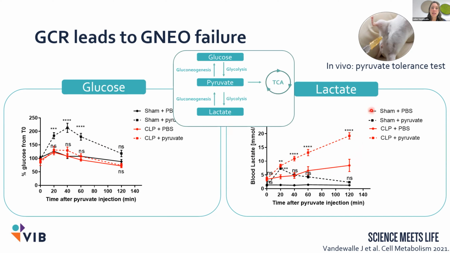Very easily said, we can see that pyruvate can lead to glucose production via the gluconeogenesis pathway, but the gluconeogenesis is failing in our CLP mice, as GR is important for the gluconeogenesis, but GR is failing in septic mice. So instead of glucose being produced in our CLP mice, pyruvate will lead to lactate via the glycolysis. So this leads to an accumulation of lactate in the septic mice.